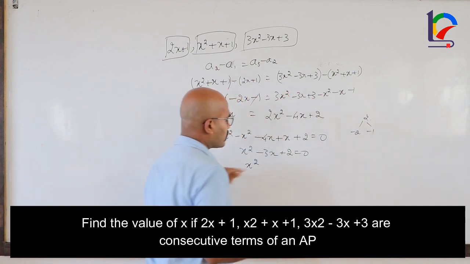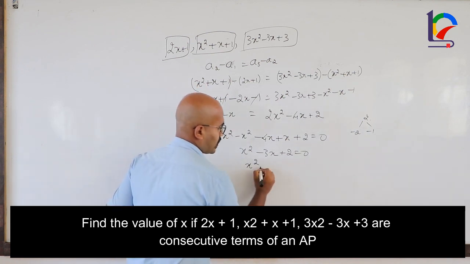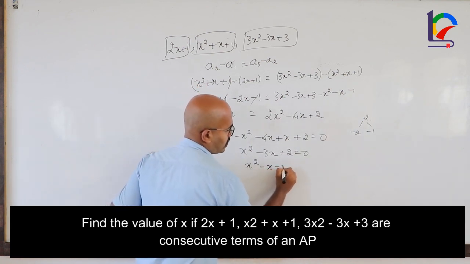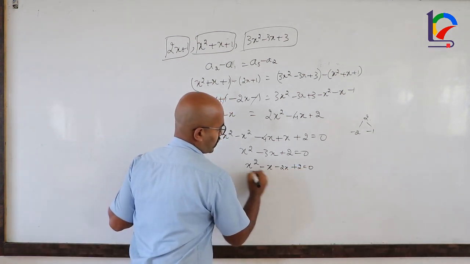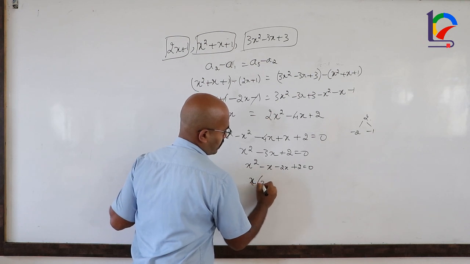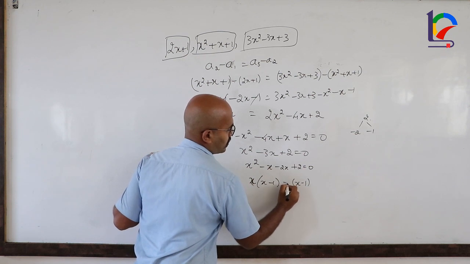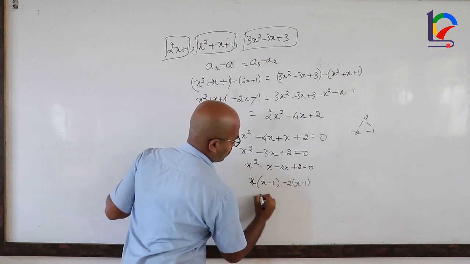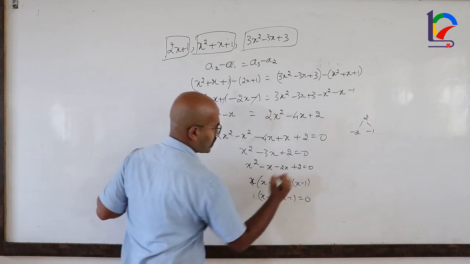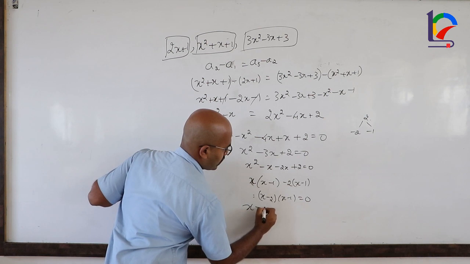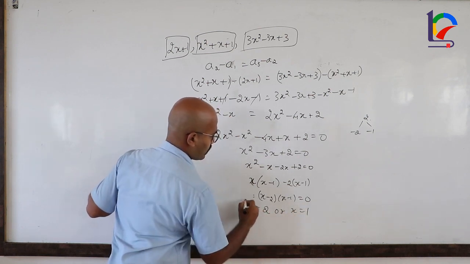Minus 2 minus 1 is minus 3. Minus 2 into minus 1 is 2. So x square minus x minus 2x plus 2 is equal to 0. x common, x minus 1, x minus 1. Here it is minus 2. So x minus 2 into x minus 1 is equal to 0. So the value of x is equal to 2 or x is equal to 1.